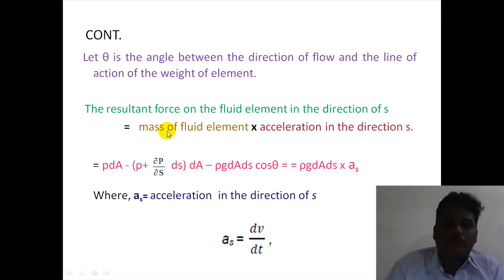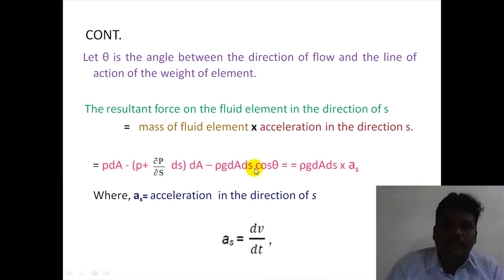Now resolve the forces along the direction of flow: P into dA, which is acting in the positive direction, minus P plus dou P by dou s into ds, into dA, which is acting in the opposite direction, and then minus rho g dA ds cos theta.